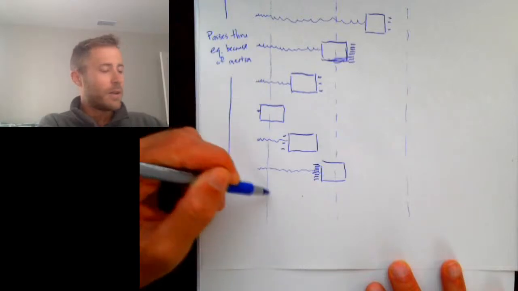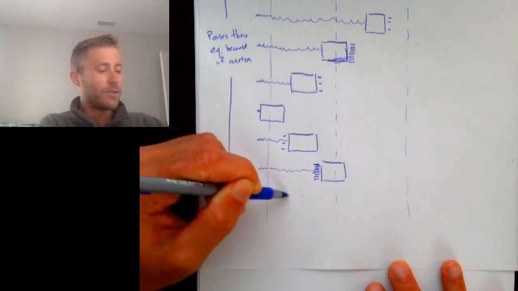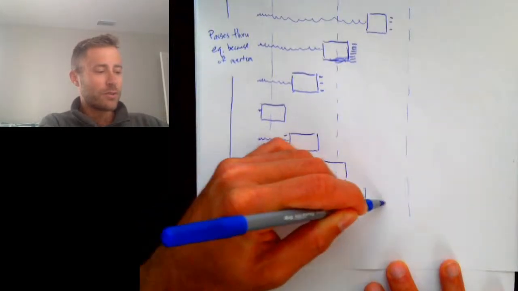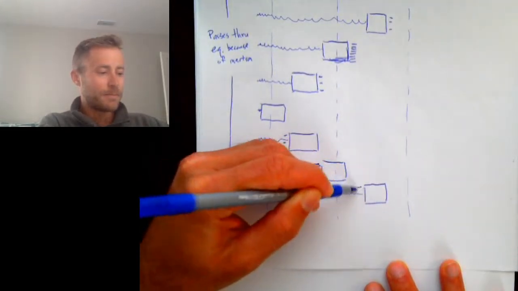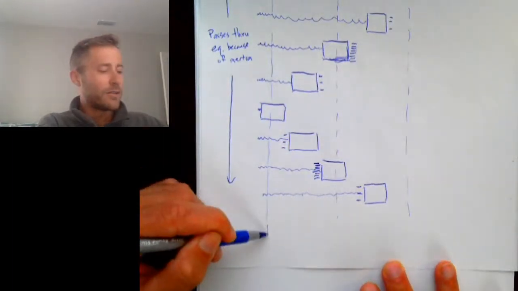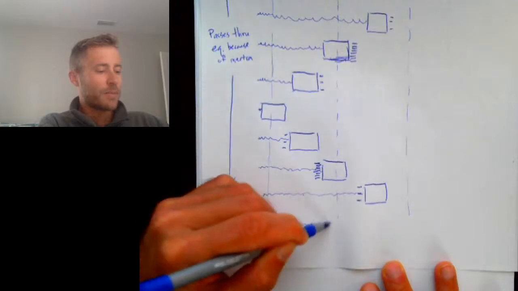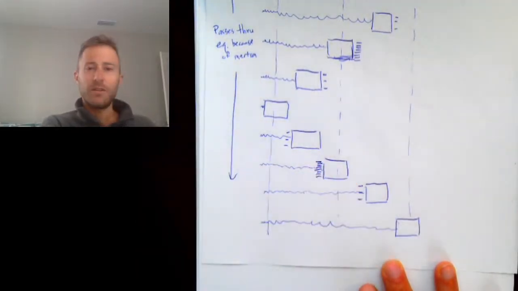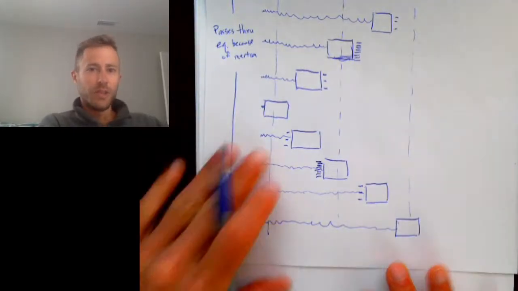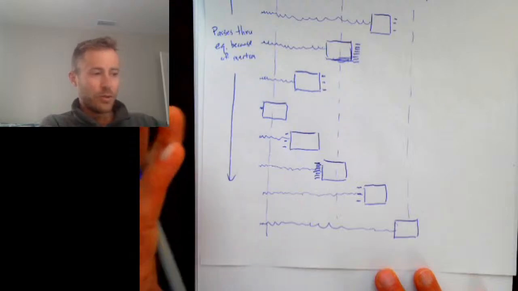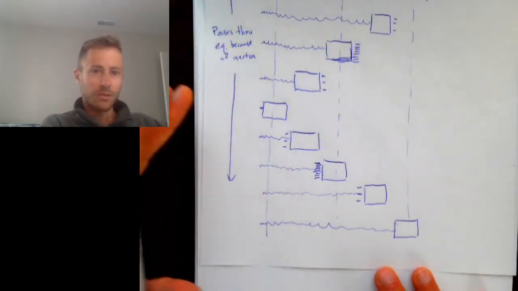And then once it passes through equilibrium, the spring is going to start to slow it down. And then it is going to stop at the same point it stopped right here. So what we have shown is a complete period of the motion of the mass in the mass spring system.